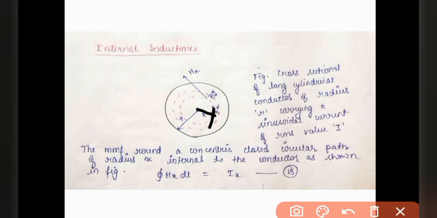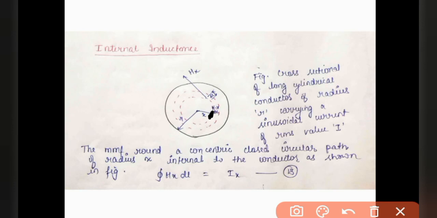It means the loop integral of Hx dl is equal to Ix. Here Hx is the magnetic field intensity at a distance of x, and dl is a small element of length of that particular conductor.